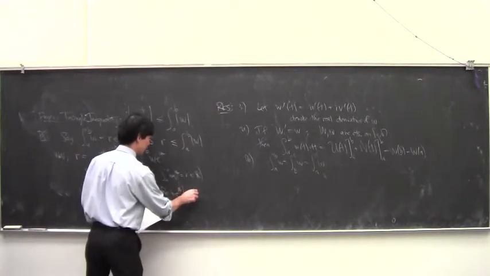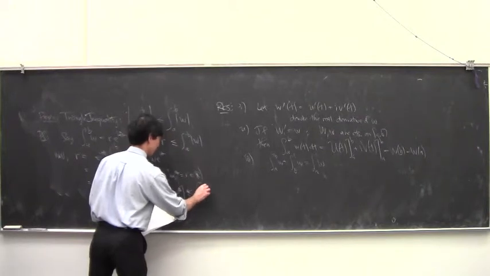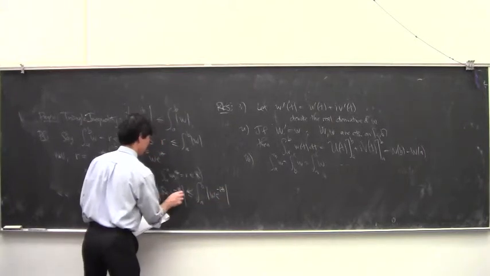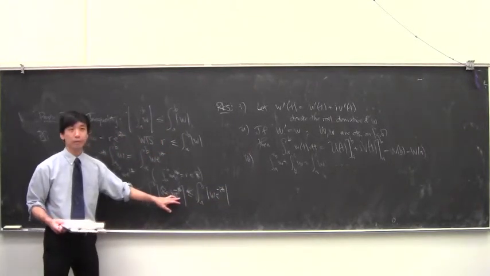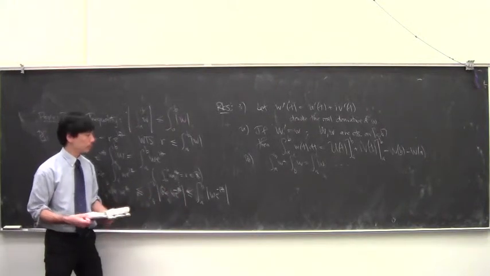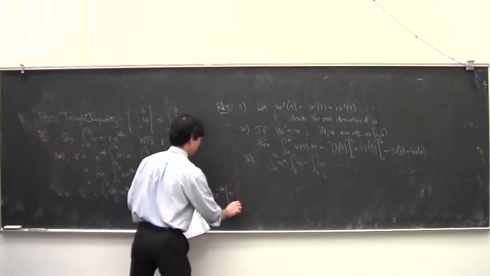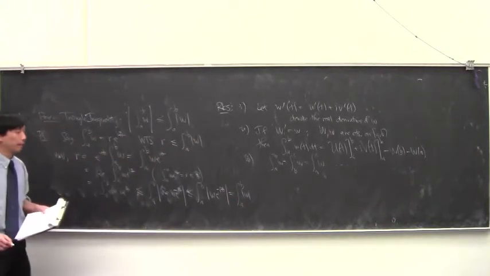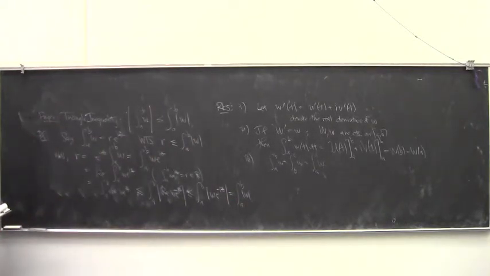But we know that that's smaller than the modulus of this, which equals the modulus of that, because e to the negative i theta has modulus 1.